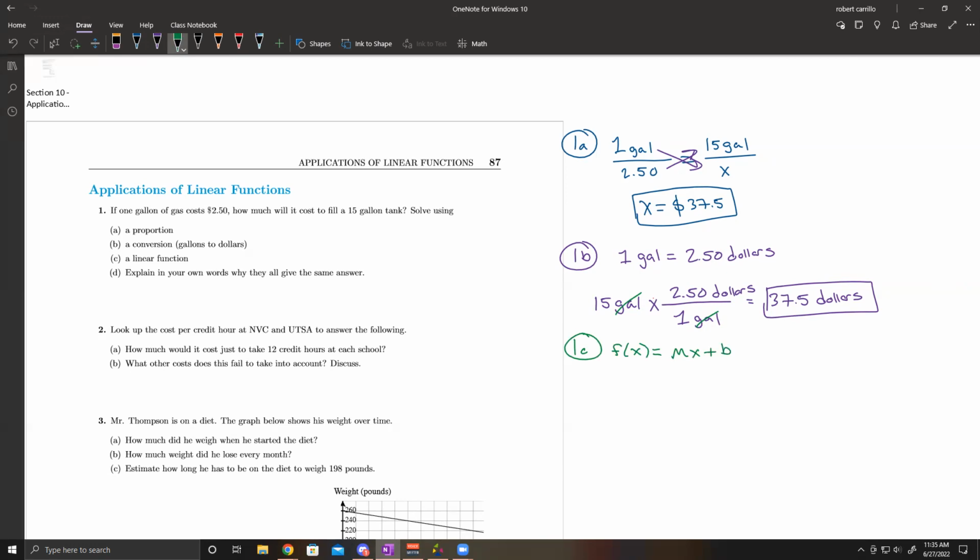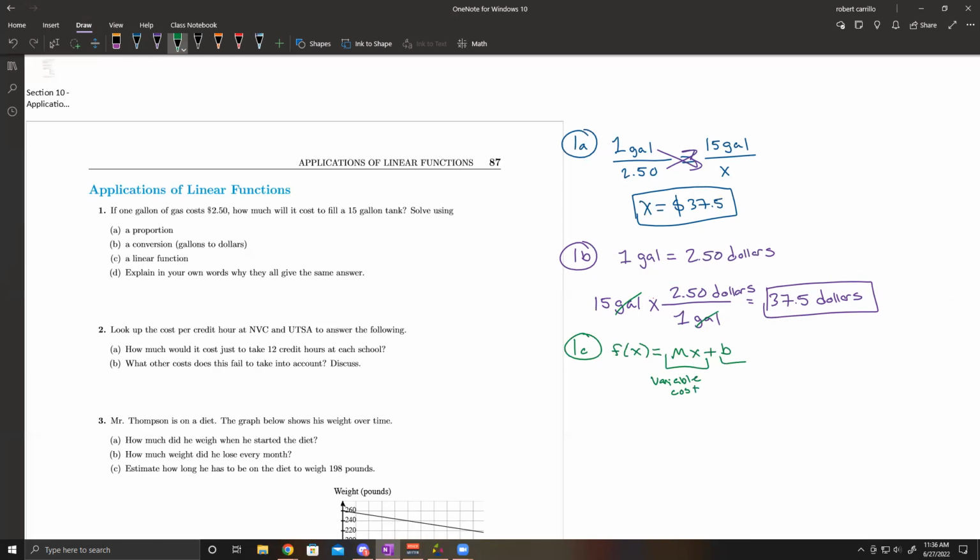We're going to learn some new definitions here. Mx is called the variable cost. So for this problem, if it's $2.50 per gallon, 2.50 would be your slope, and x would be the amount of gallons you're using.